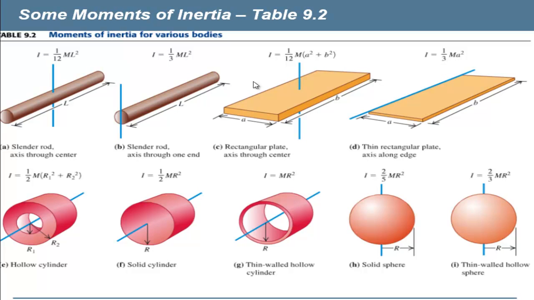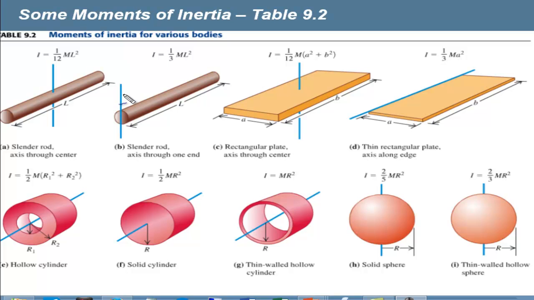So I said that your book gave us a table, so we didn't need to do any of the calculus or geometry involved in finding the moments of inertia. And this table is table 9.2, given to you on page 279 of your textbook. Now, the important thing with the moment of inertia, as I pointed out in the previous slide, is that the moment of inertia takes into consideration how the mass is distributed about the axis.